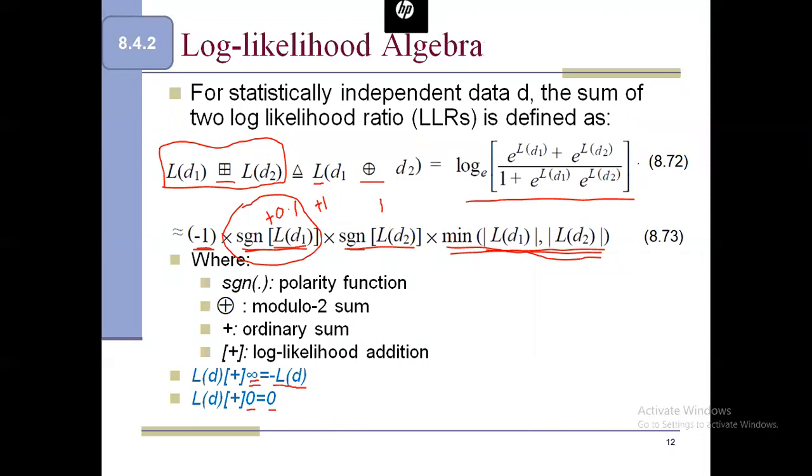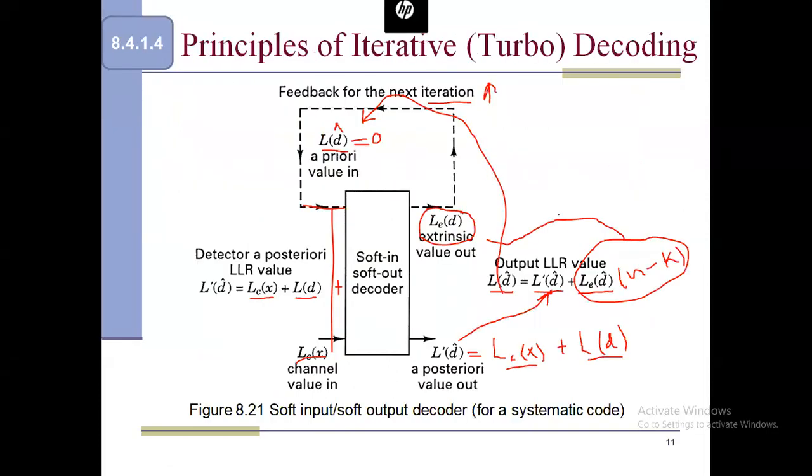If you go back and see the example, this new value of soft output is based on this extrinsic value, which we have calculated on the basis of this n minus k bits and the parity. How we calculate this extrinsic value, we have not yet discussed.